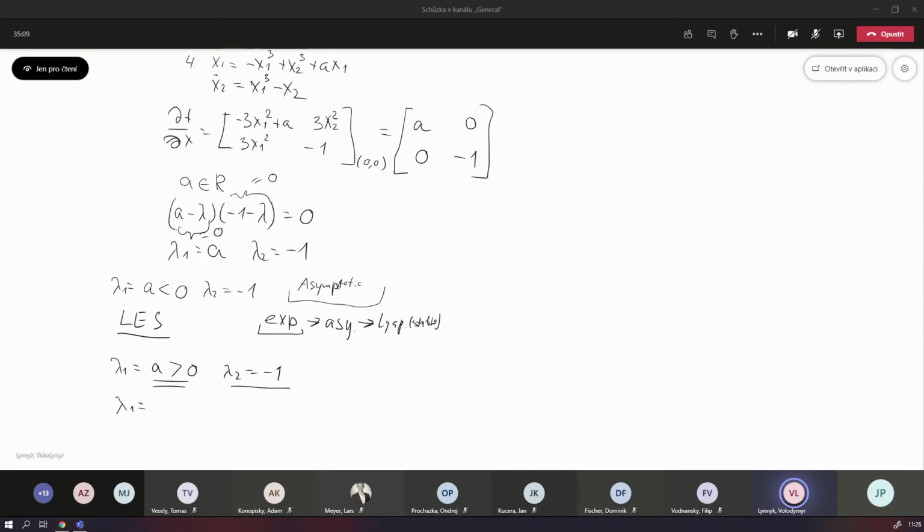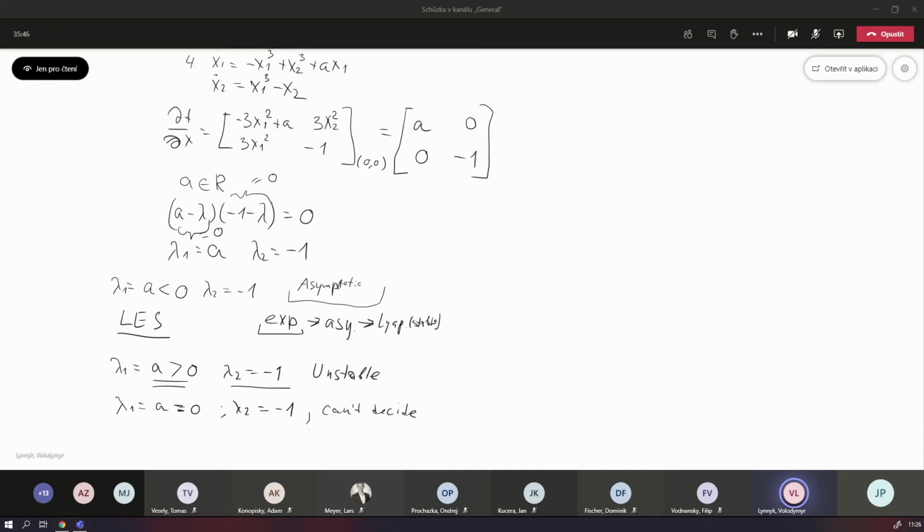And when lambda 1 equal to a equal to 0 and lambda 2 equal to -1, what can we say about the stability? Someone knows? We cannot decide with the first Lyapunov method. Okay, thank you. Yeah, can't decide.